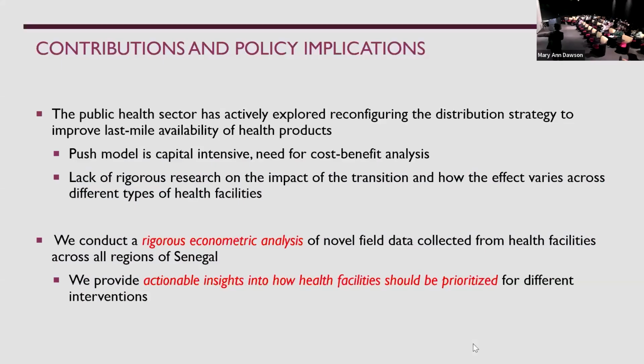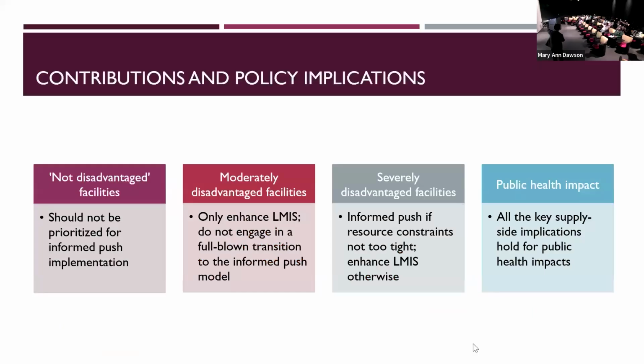Let me just show you the summary slide, and then I'll be happy to take questions. Essentially, through all this rigorous analysis, we can segregate facilities into different types. For facilities that are not disadvantaged, those should not be prioritized for informed push implementation.